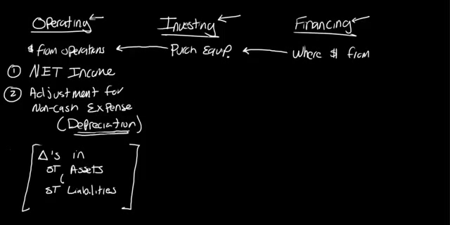When I talk about changes in short-term assets, I mean everything except cash, because that's what we're reconciling to. Cash is going to be our bottom line result in the statement of cash flows. So we'll look at all the short-term asset accounts except cash.